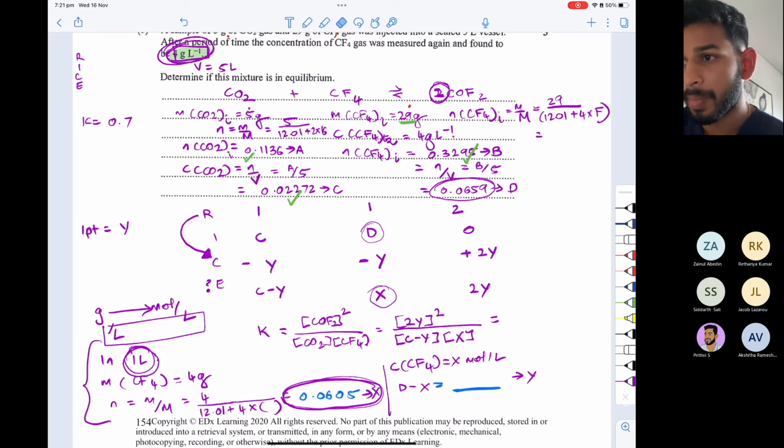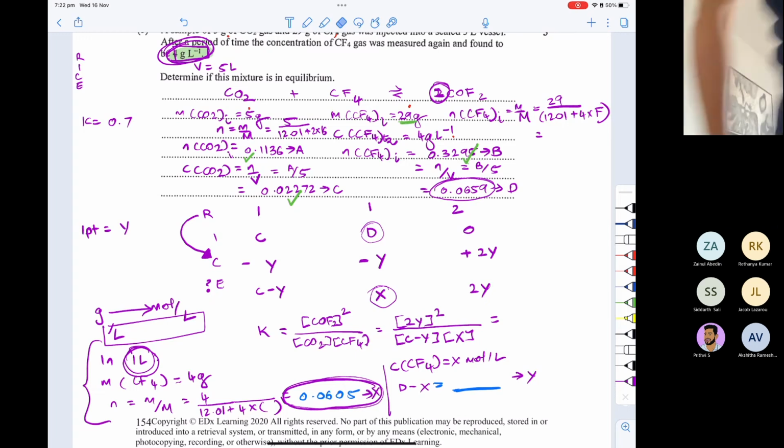Any questions? So what's our K value now? Because this question is meant to teach you something new, which you haven't learned, which is called the reaction quotient. So what is our K value that we get? Let me turn the light on.